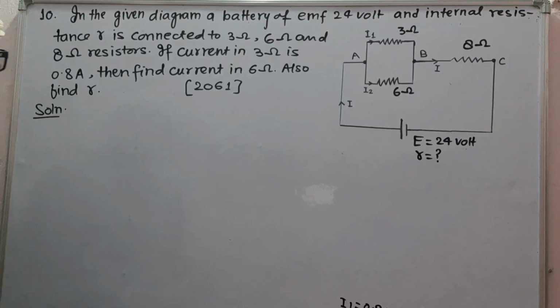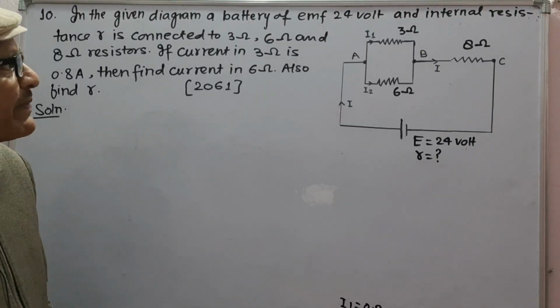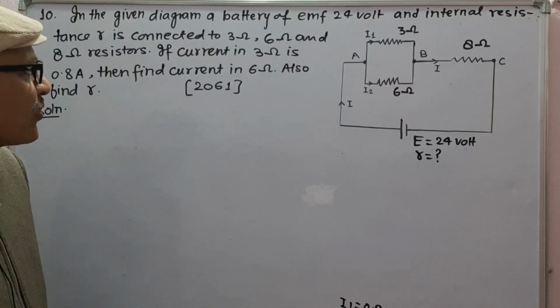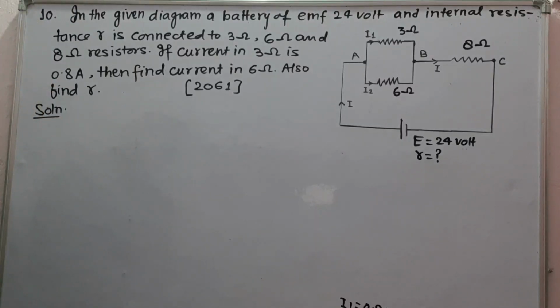Next question number 10. The question is, in the given diagram, a battery of EMF 24 volt and internal resistance r is connected to 3 ohm, 6 ohm and 8 ohm resistors. If the current in 3 ohm resistor is 0.8 ampere, find the current in 6 ohm and internal resistance of cell.